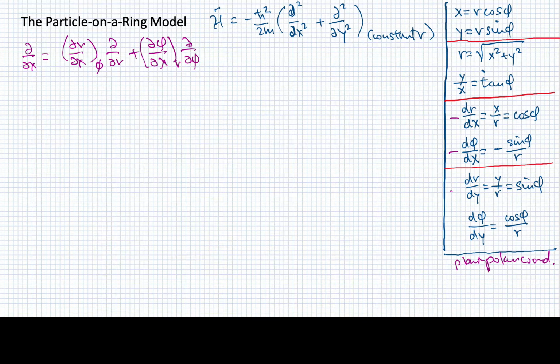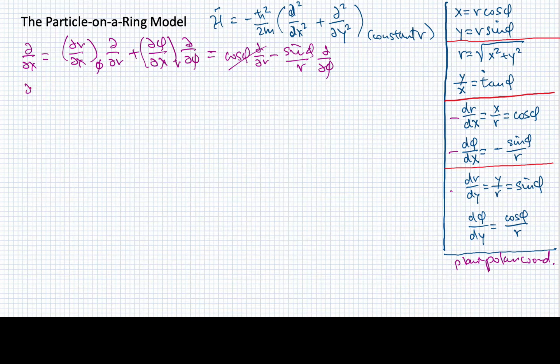derivatives here, so I can simply write this down as equal to cosine of phi d dr minus sine phi over r d d phi. Now once again, r is being held constant, so I can get rid of that term. I don't have to worry about that.